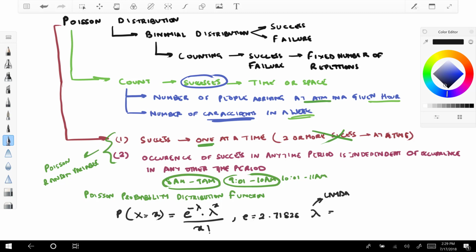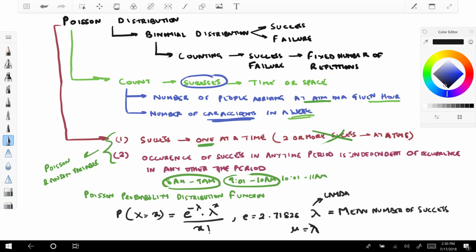Lambda is the mean number of successes. Previously we discussed that mean is represented by mu, but now it is lambda.